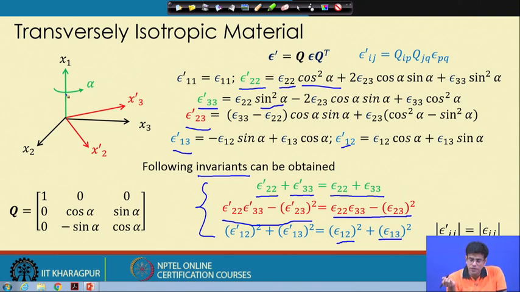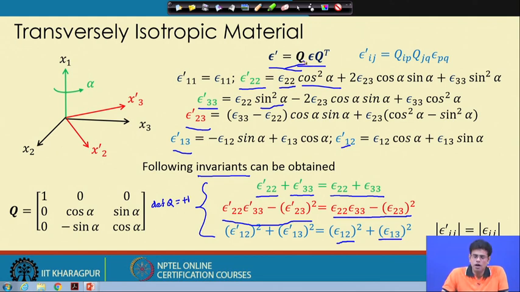Now another quantity which doesn't change is the determinant of the strain tensor. You know that the determinant of Q is plus 1. This can be easily checked by this formula: determinant of epsilon prime equals determinant of Q epsilon Q transpose. For a product of matrices we know the determinant is multiplicative.